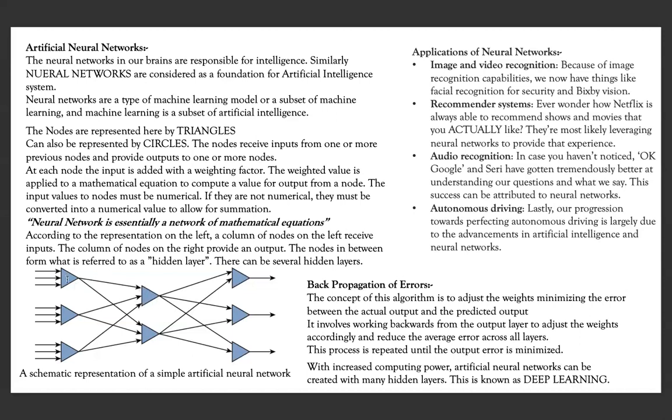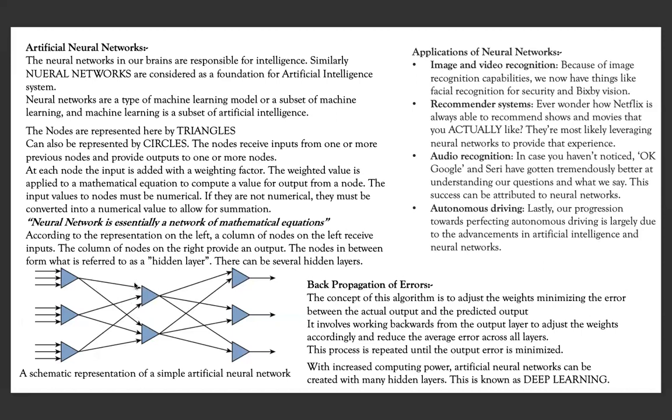And this exact same step is carried out in other nodes as well. The input values to nodes must be numerical. If they are not numerical, they must be converted into numerical values to allow for summation. So in the neural network, all inputs must be numerical values because we are relying on calculations.